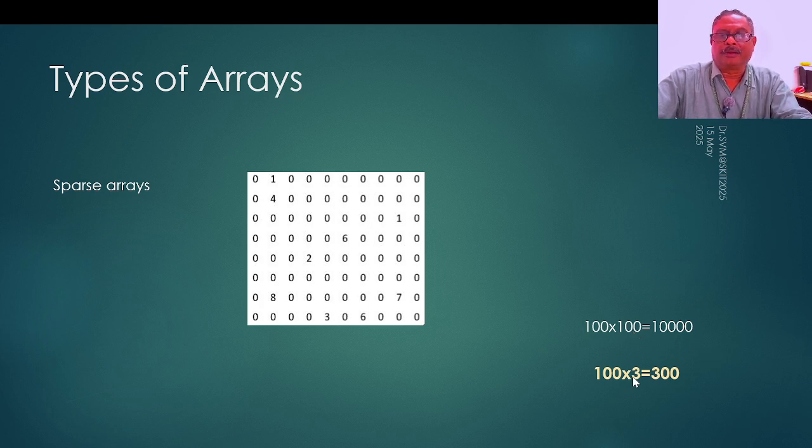So we require three columns, and there will be 100 rows, one row for each non-zero element. So instead of 10,000, we could have stored all the information in only 300 locations. So we are saving so much space, and a lot of time is also saved.